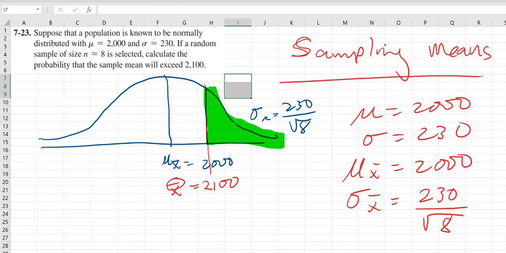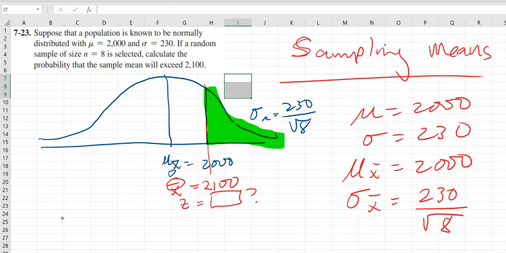I'm going to have to find the standardized score that goes with each of these. So I know that for mu x bar, it's 0. For x bar 2100, z will equal something.